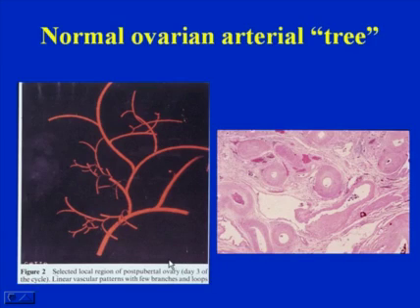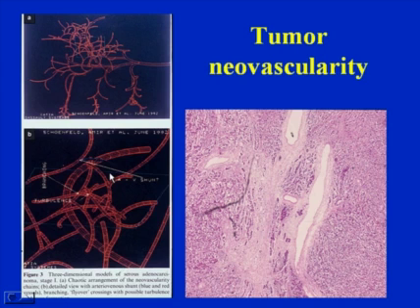This is a 3D representation of a normal ovary, and we can see that there are branching points and very orderly branching of the small arterioles inside the ovary, as shown histologically on the right, that have a muscular media. Now compare that to what Dr. Schonenfeld showed many years ago in a tumor.